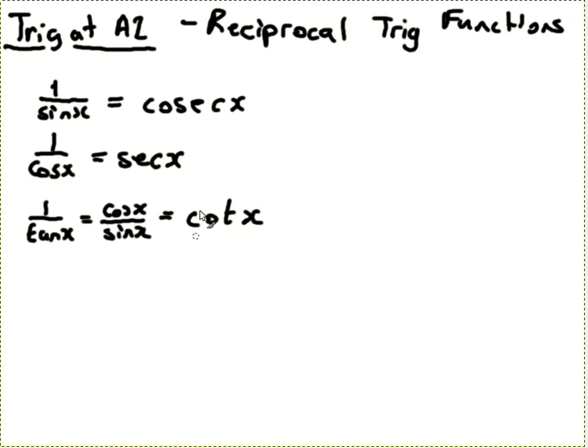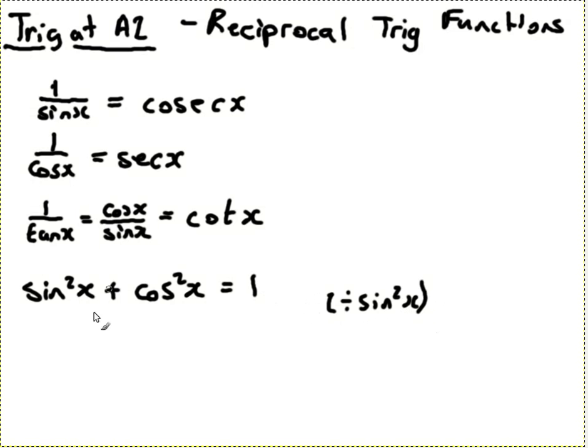Now we immediately find a couple of identities actually using the original identity which you need to know at AS. That identity is sine squared x plus cos squared x is 1. Now if I divide everything in this equation by sine squared x, I immediately end up with another identity.